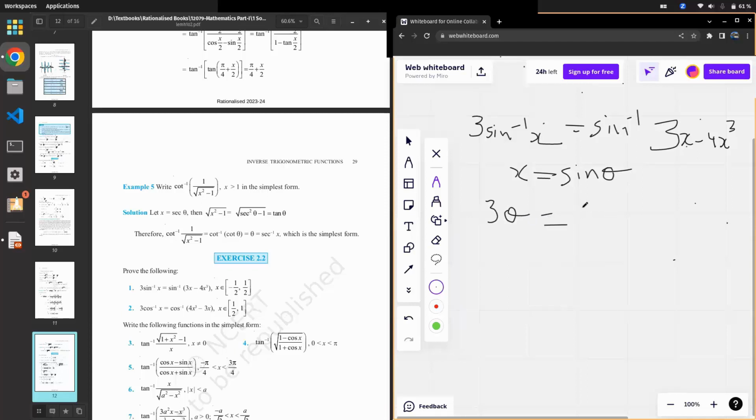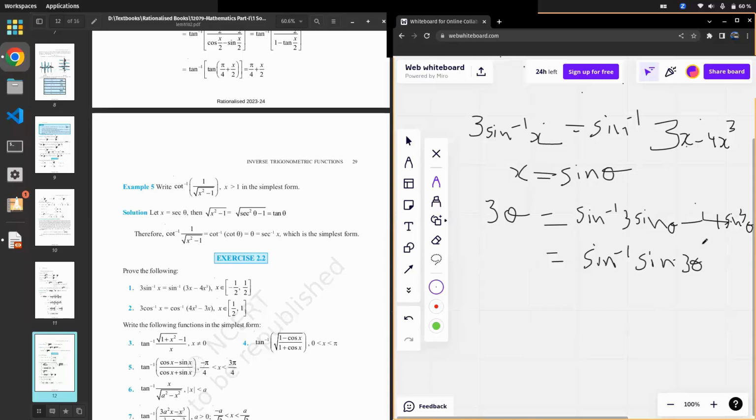The right hand side becomes sine inverse of 3 sine theta minus 4 sine cube theta, and this is equal to sine 3 theta, if you remember the formula. So this will be sine inverse of sine 3 theta.